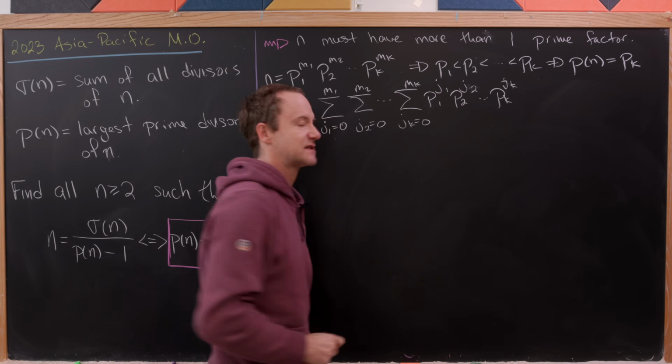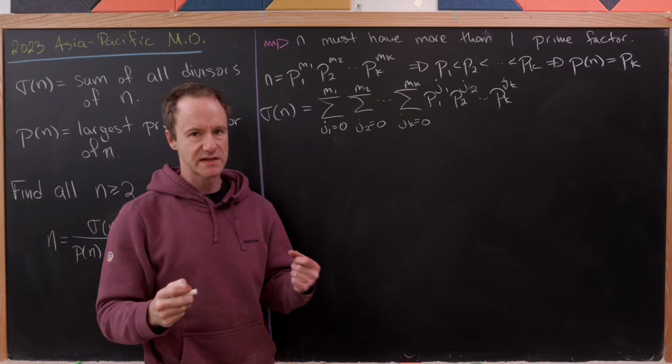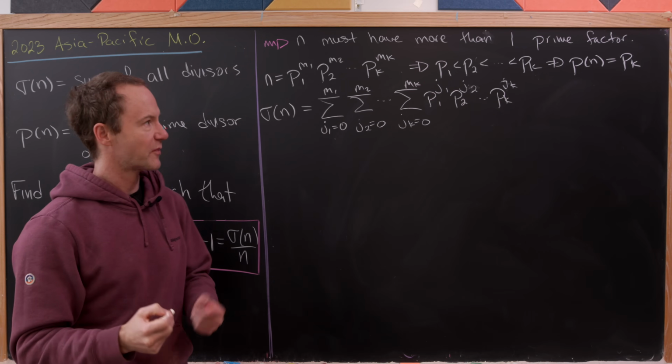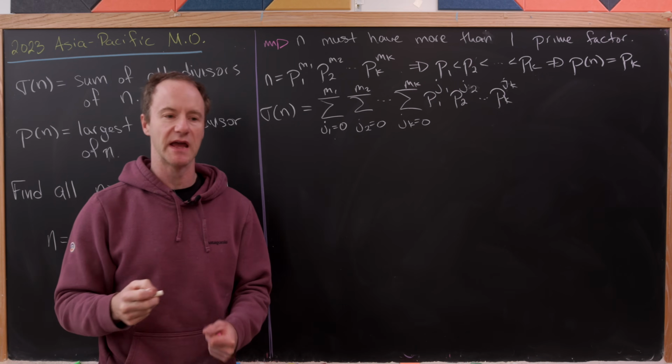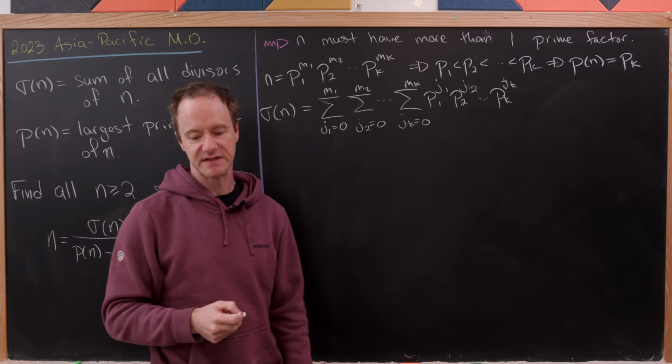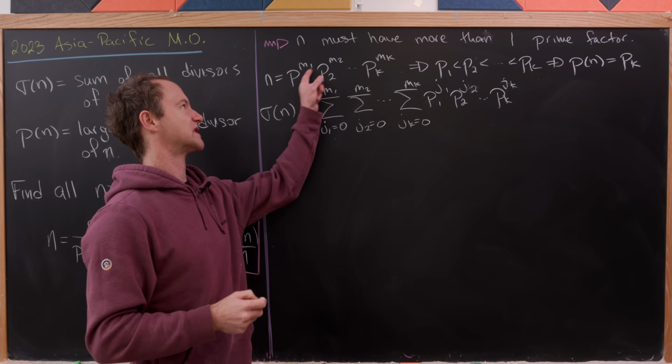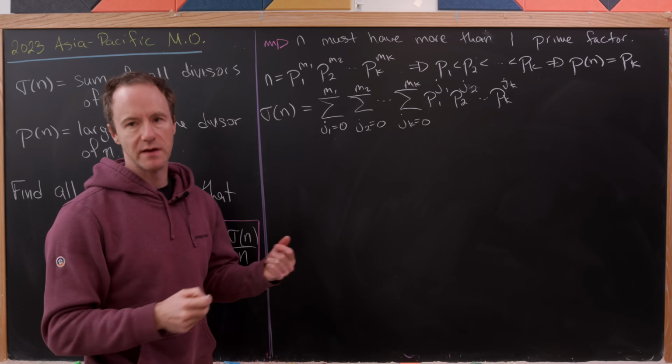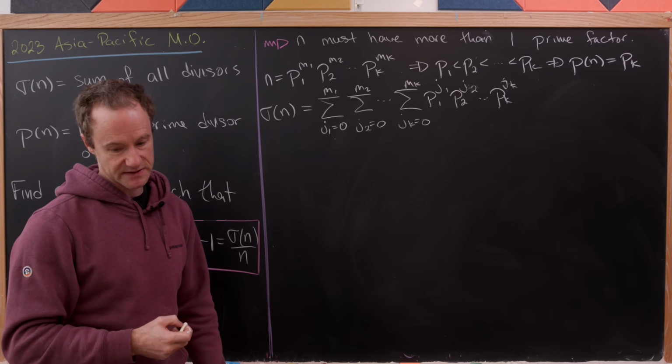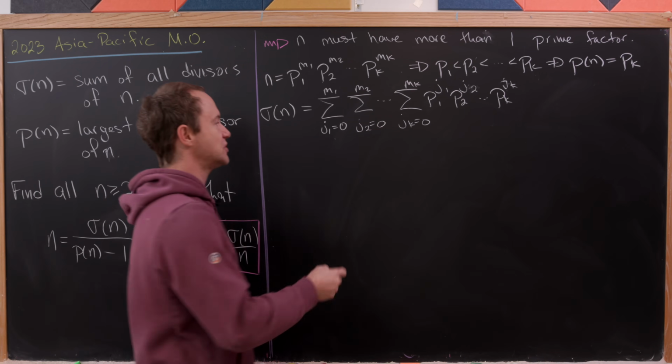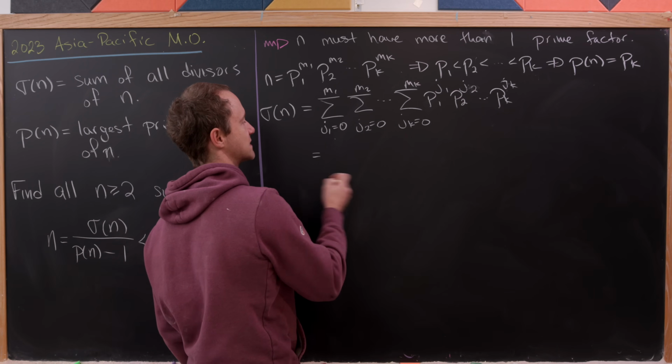Okay, nice. So that sums over all possible numbers where the prime factors are p1 to pk, and you can take any powers from 0 to the maximum possible power, which is m1, m2, mk, and so on. But now what we can do is split this up into a product of k sums.